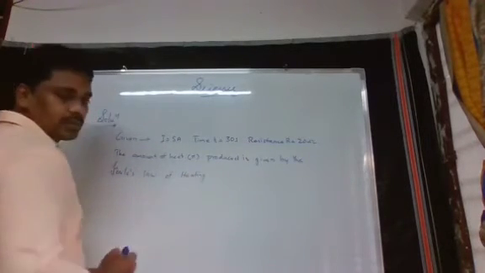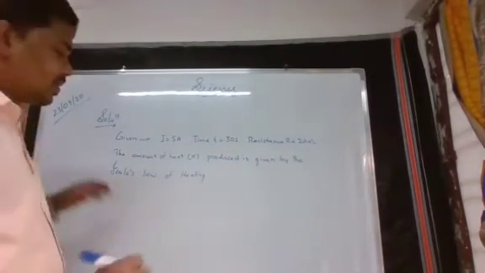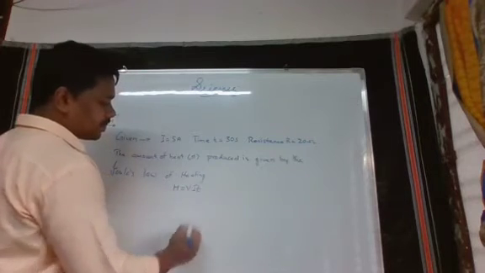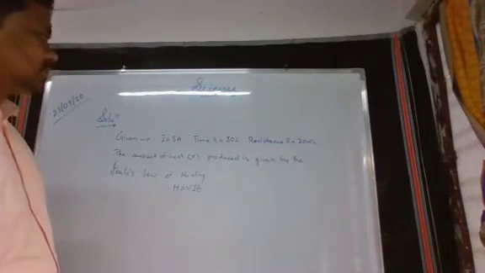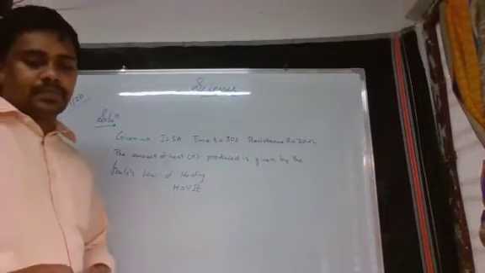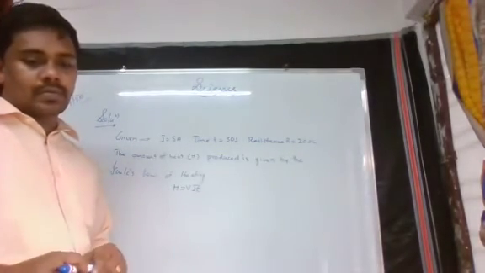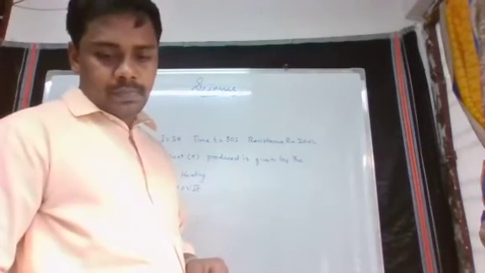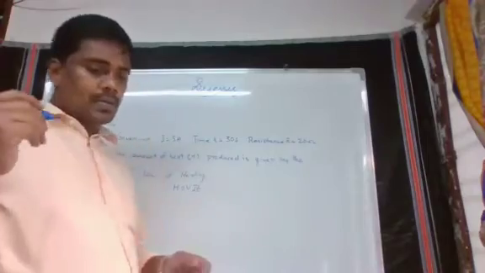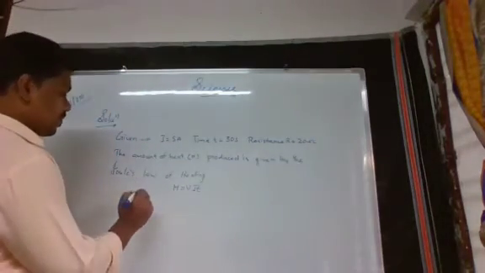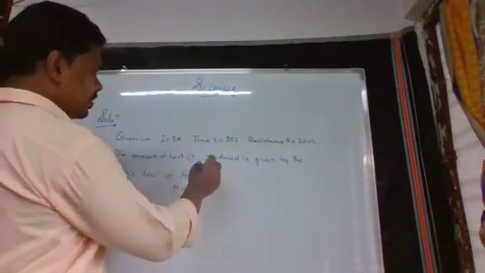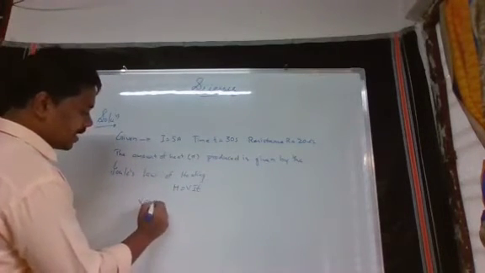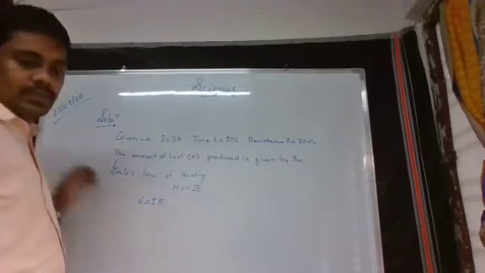So H is equal to VIT. I is here, T is here, but V is not there. V is equal to I into R.